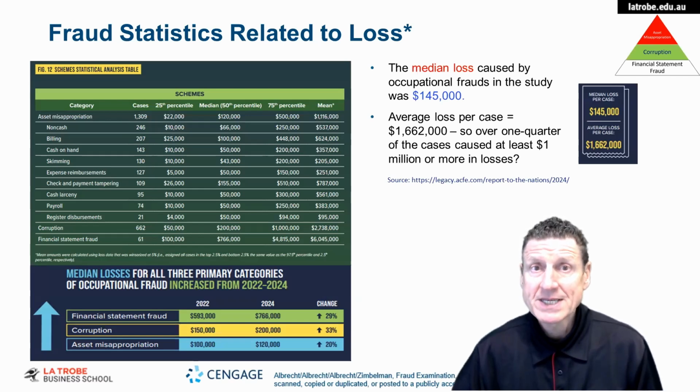There were 662 cases of corruption and 61 cases of financial statement fraud. So there you have the counts. On the other hand, the losses are ginormous when we talk about financial statement fraud compared to corruption, and then compared to asset misappropriation.